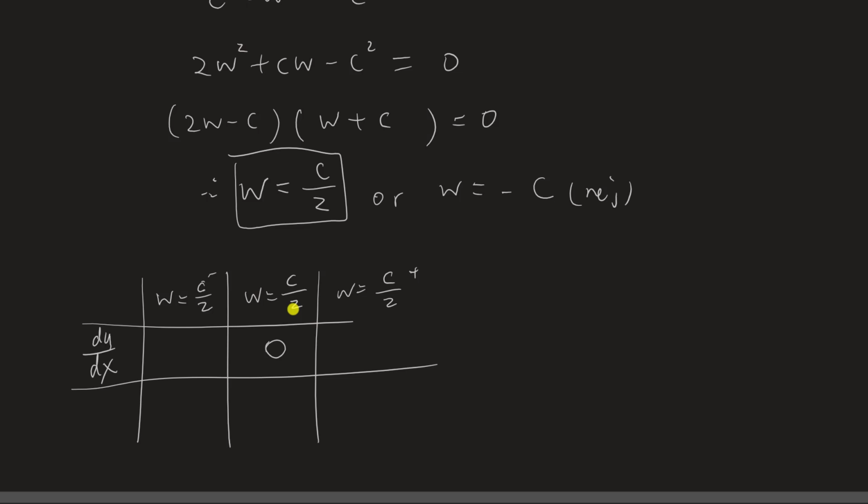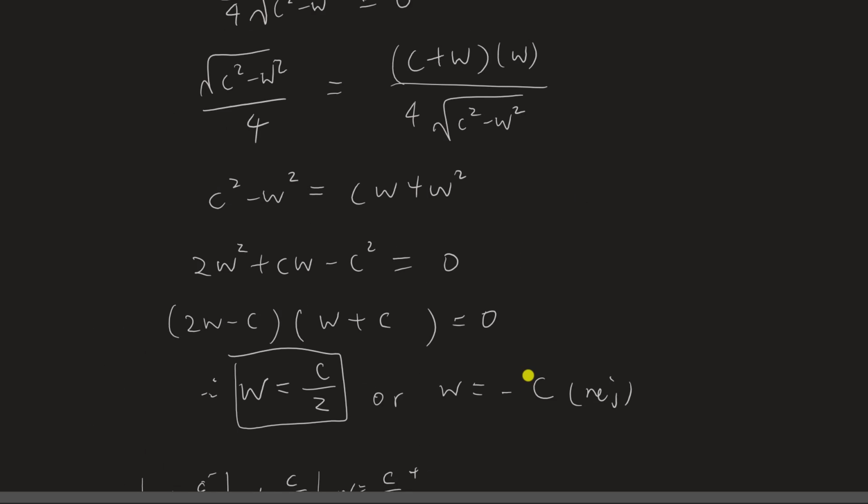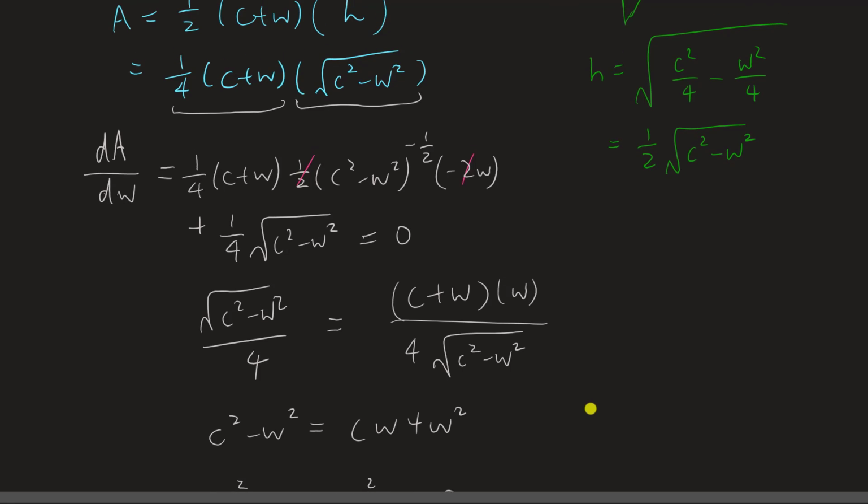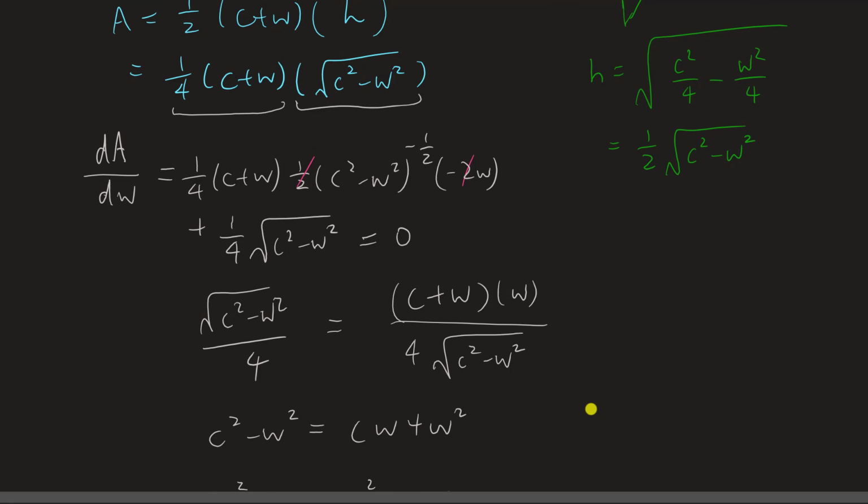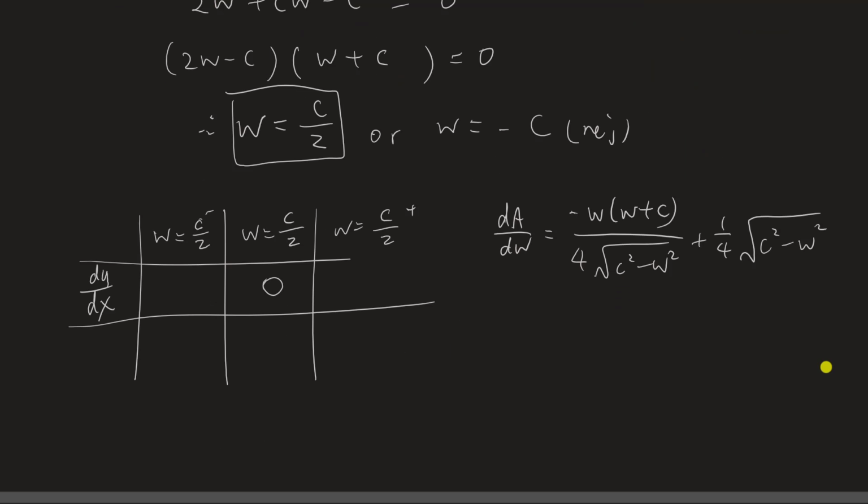What if we sub in a number that's slightly smaller than c over 2 into our dA/dw? So before we do that, let's just write out dA/dw at the side here. All we need to know is whether dy/dx is positive or negative. So imagine we have a number that is slightly greater than c over 2, 0.6c for example.